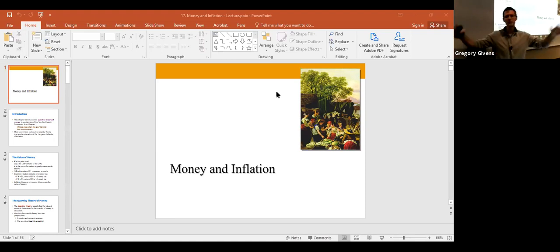So if the price level tells us what the overall cost of living is, the rate of inflation tells us how quickly those costs are rising on average from one year to the next, right? You really need to know the distinction between prices and inflation at this point in the semester, all right?